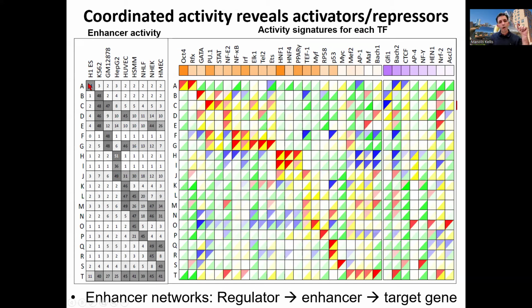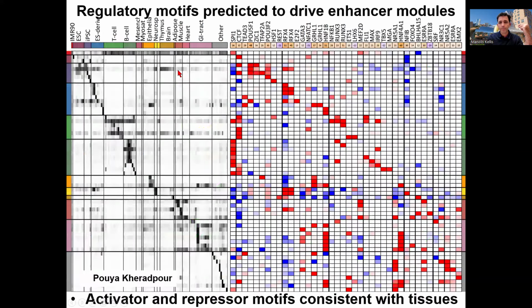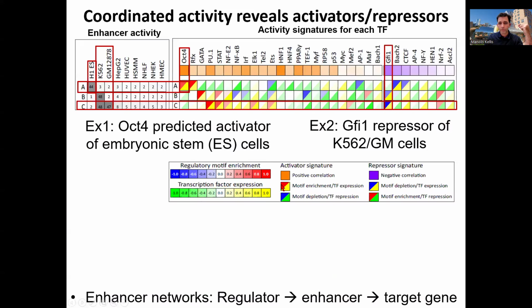And for every one of these modules, which are now oriented the other way, so basically for every module as rows instead of columns, I can ask, what is the enrichment of that module for motif in red, or a depletion for a motif?